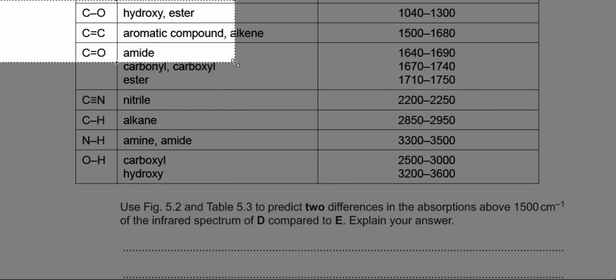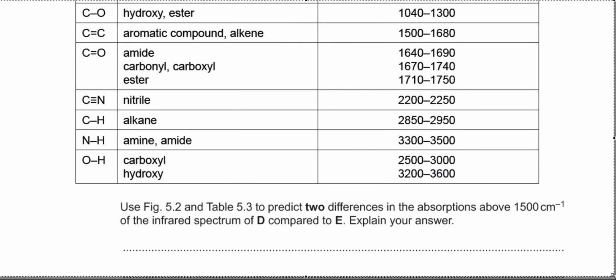Simply I'm writing both of the structures of D and E. What was E? E was an ester with this type of structure. Understood? Containing only one functional group.